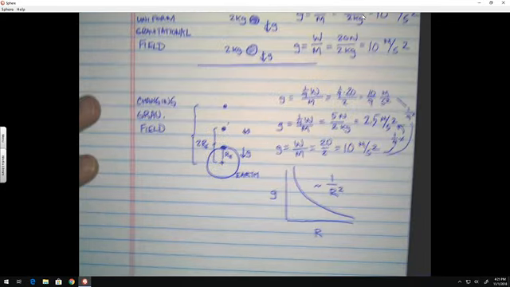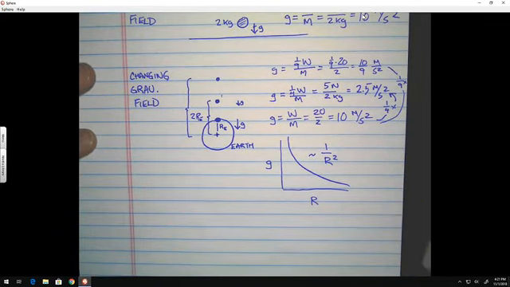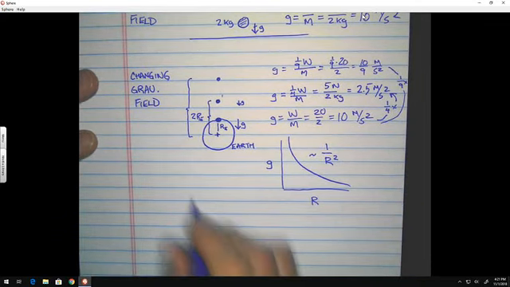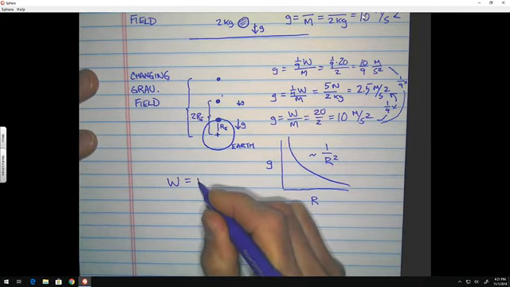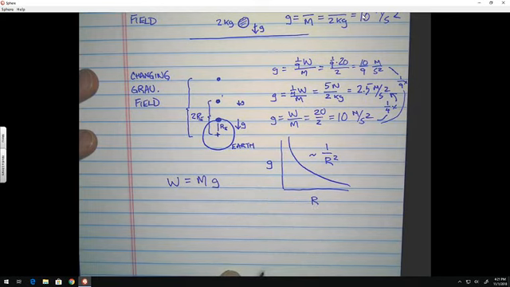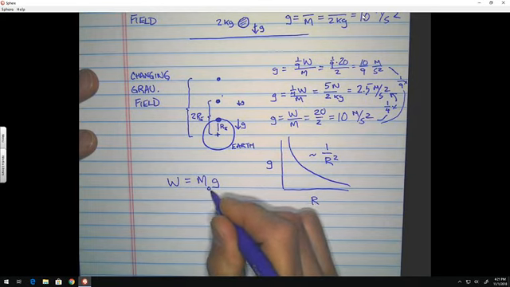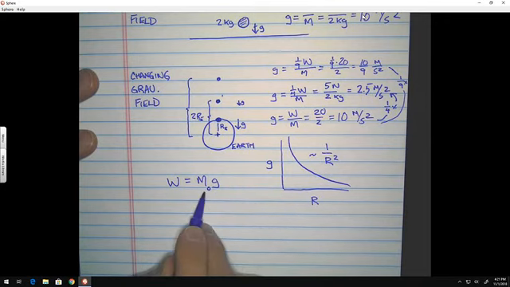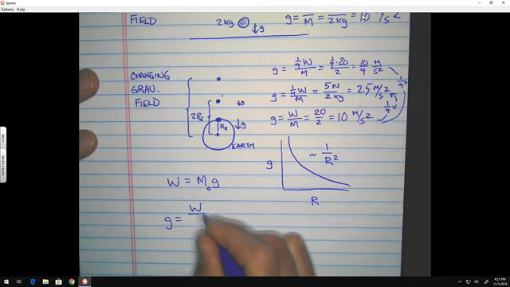Now, mathematically, how do you calculate g if you don't do it this way? It's pretty straightforward. Weight of an object is equal to mass times gravity. Okay, this is the mass of the object. I'll put an O there to represent the mass of the object. Now, gravitational field is equal to weight divided by mass of the object, like we did earlier.